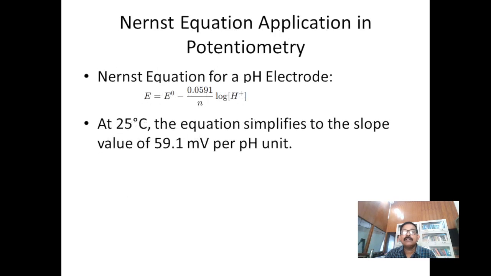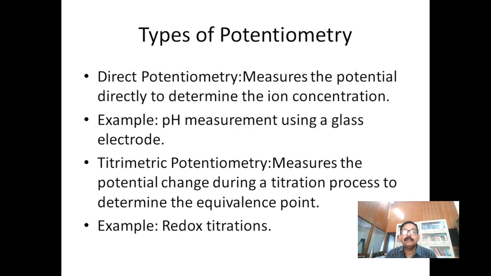The Nernst equation for a pH electrode is E is equal to E naught minus 0.0591 by N log of the H plus ion concentration. We have seen the Nernst equation previously, where E is equal to E naught plus RT by NF.